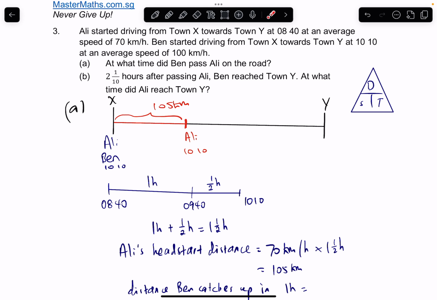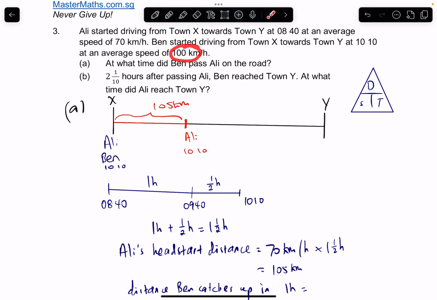Because for every hour, Ben is moving 100, Ali only 70. So we do a subtraction: 100 kilometers minus 70 kilometers, and that would be 30 kilometers. So for every hour, Ben is able to catch up 30 km, and he needs to catch up 105 km.